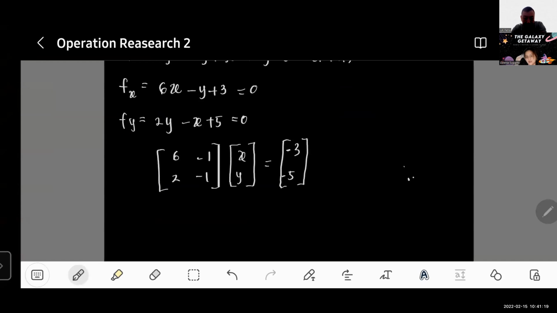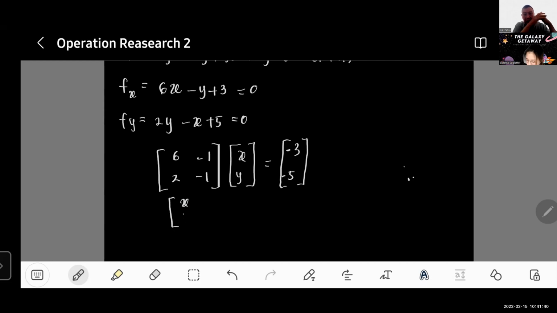So that is called matrix A. We can multiply both sides by the inverse, right? We want the x and y.